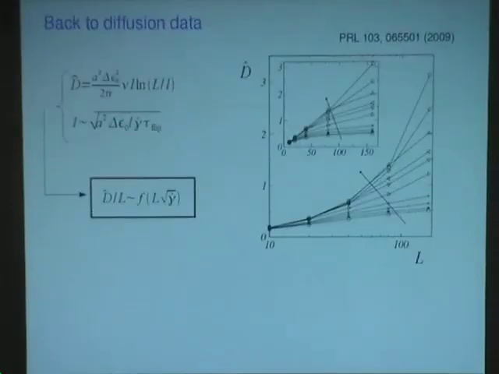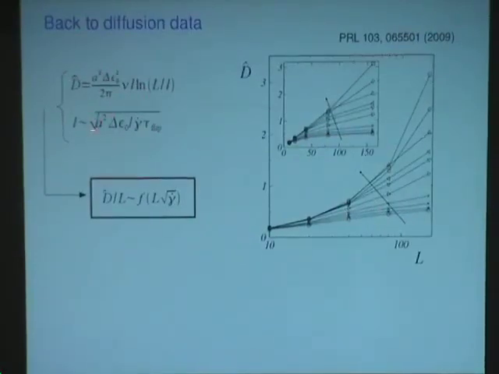So that gives us a notion of a length scale, which is a correlation length between flip events. So we have here a diffusion constant that we can relate to a length, and we have here a length that we can relate to a strain rate. And the question is whether the two match, whether that allows us to rationalize these data.